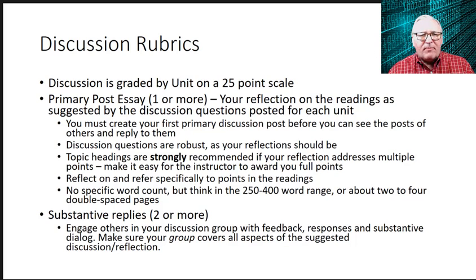Your primary post essay, you need to have at least one of those, and your reflection on the readings as suggested by the discussion questions posted for each unit. You need to create, as I said, your primary discussion post before you can see the posts of others. And this primary post essay should be robust.